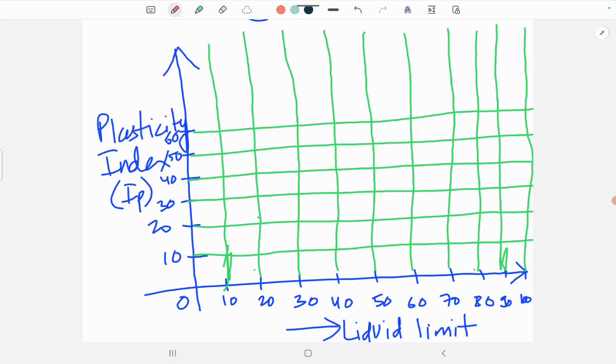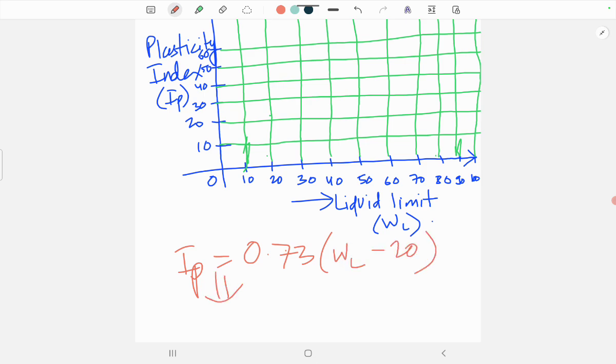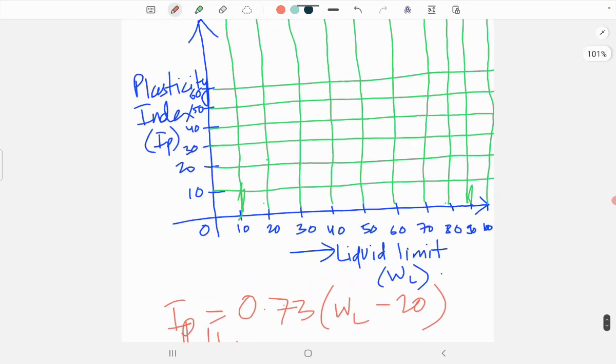So there is a line which has a formula of the plasticity line, that is called the A line. In order to get that A line, we have a formula: 0.73 into liquid limit minus 20. This IP equation gives a line, and this A line divides the chart into two parts, the above part and the below part.